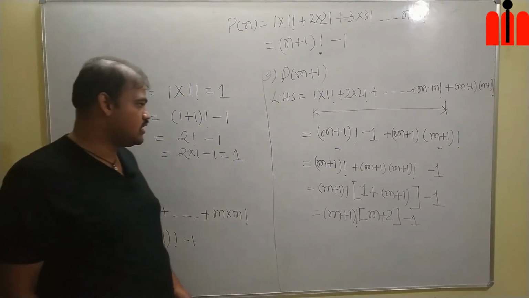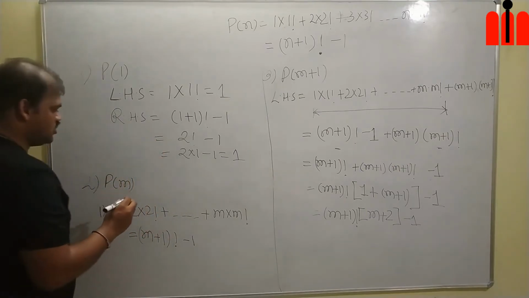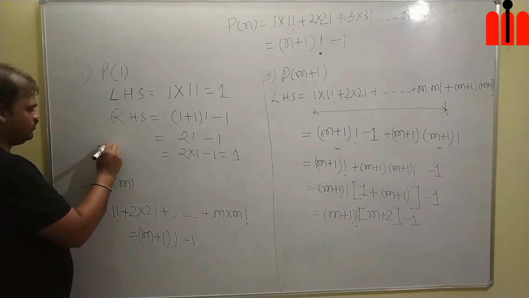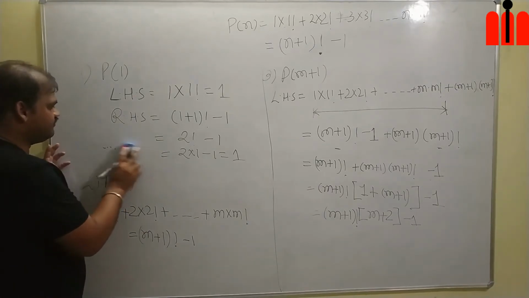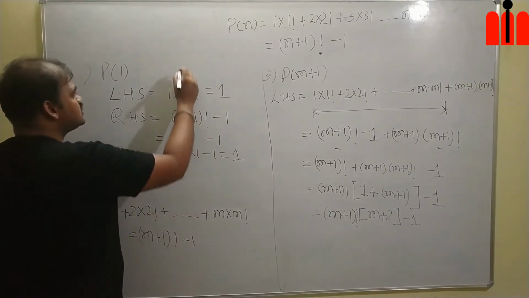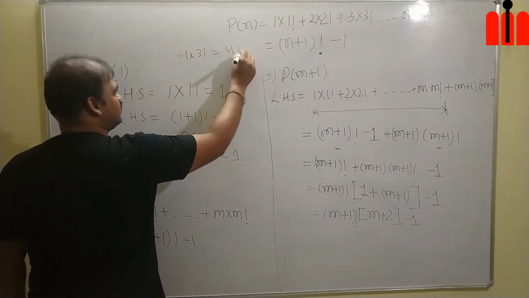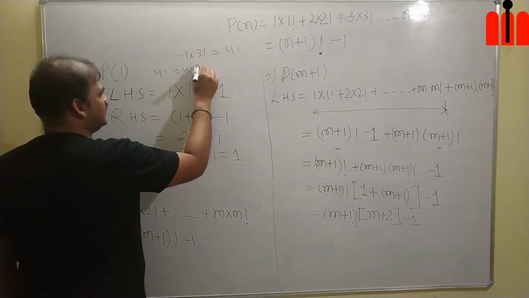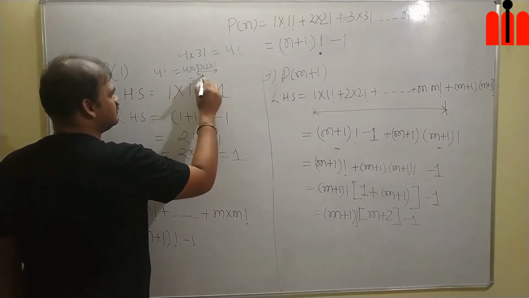Now let's use some rough space. 2 into 1 factorial will be 2 factorial. I will make it further clear. Suppose 4 into 3 factorial, it will be 4 factorial, because 4 factorial is 4 into 3 into 2 into 1, and 3 into 2 into 1 is 3 factorial.